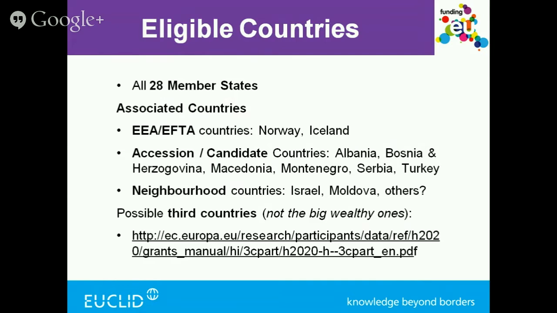It's also possible that you may have partners in other third countries in other parts of the world, not the big wealthy ones. Obviously this funding is not to subsidize the United States as a research partner, or Canada or Australia or Singapore or whatever, but if you want to partner with a middle or less well-off country in some other part of the world that's relevant to your project, well, that may be useful.